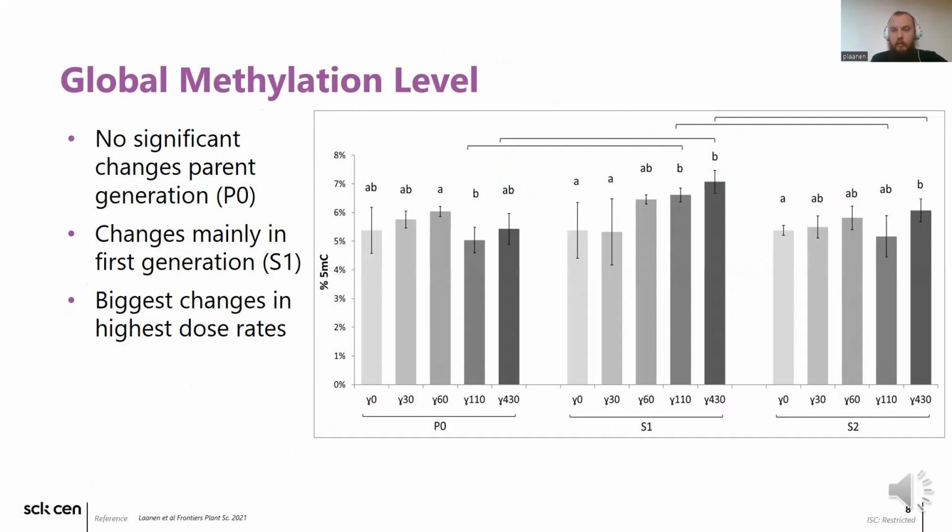In generation 2, we see a shift that's closely resembling what we saw in the parent generation. So it might be a rebalancing. And this has also been seen in other studies, I believe on Daphnia, I'm not sure though, where the first generation has a stronger effect and in the following generations it starts tapering off again.